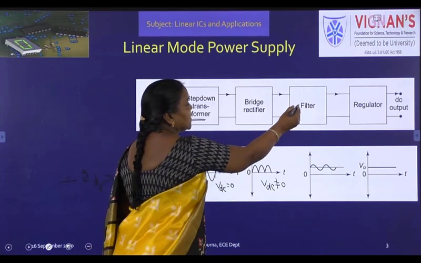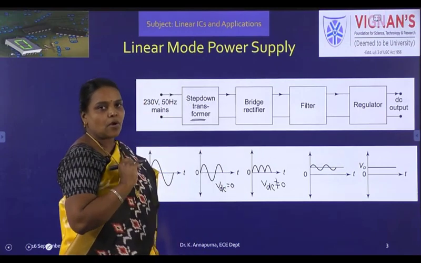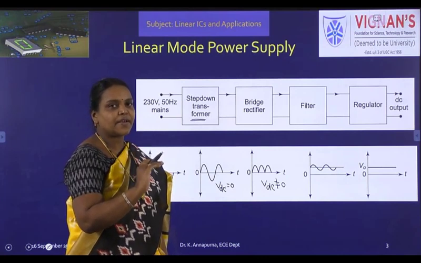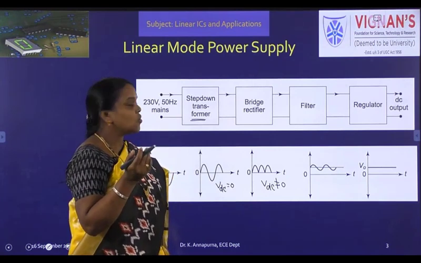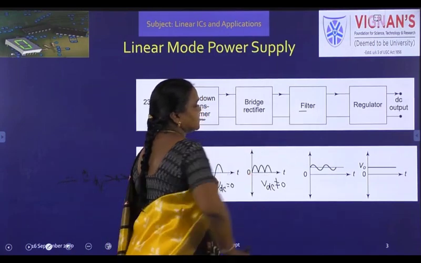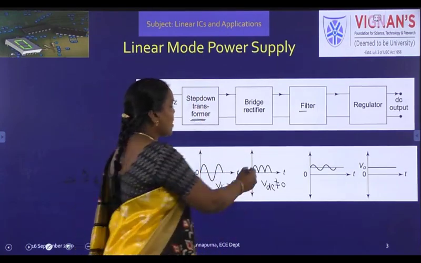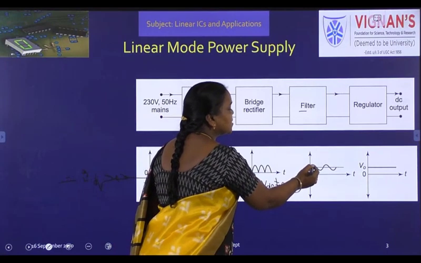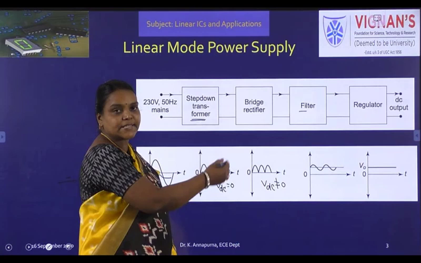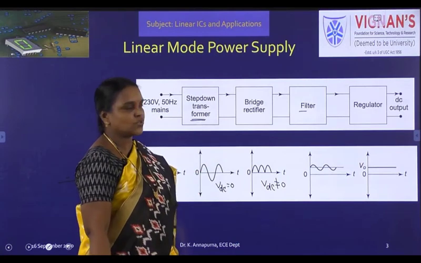So the filter is used to filter out the AC components. The AC components present in the output of the rectifier are called ripples. To filter out the ripples we use a filter circuit. Now the AC signal is much less, DC is increased and AC is reduced.